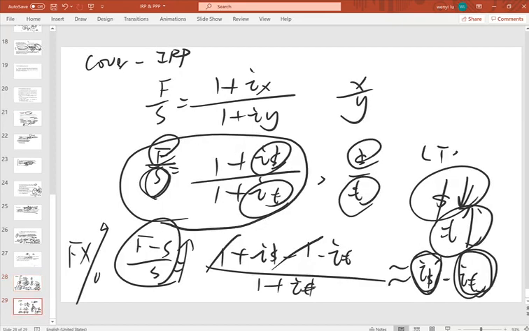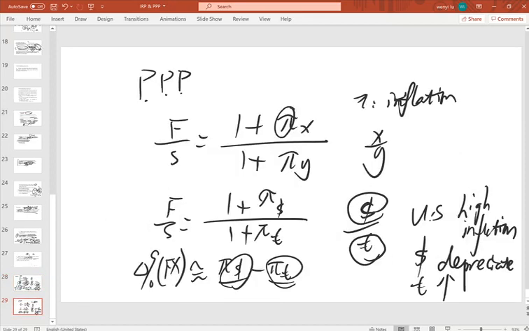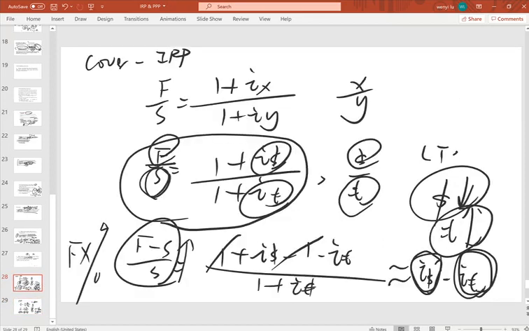For these two parities, I will not give you too many difficult questions. Basically, you will use these equations to determine what's the forward rate, what's the spot rate, and also what's the interest rate, based on the exchange rate given. So you will do some small calculations.